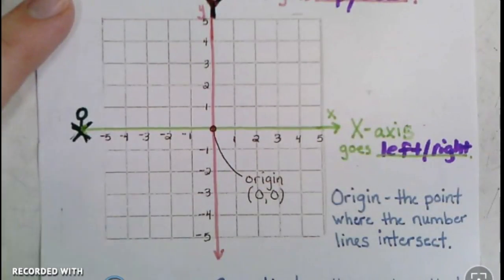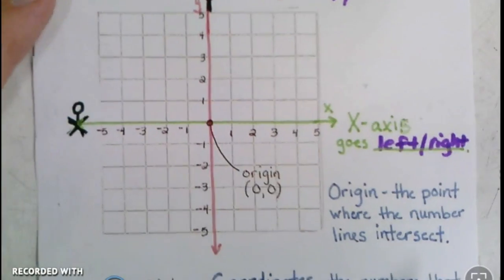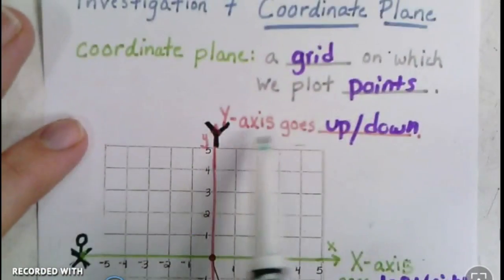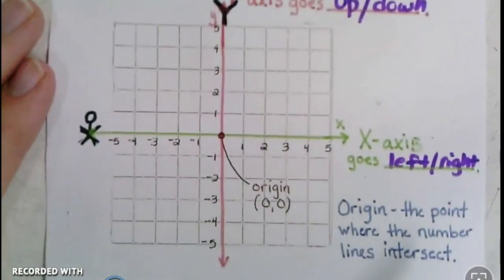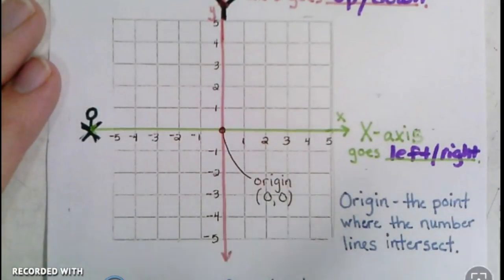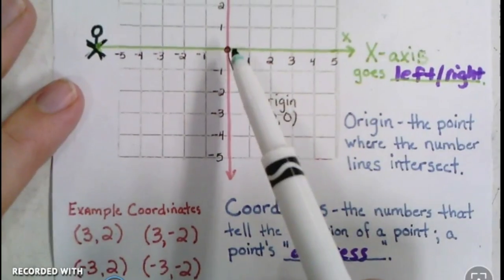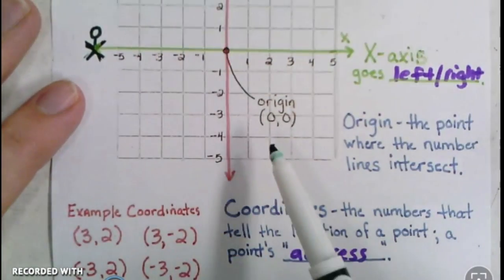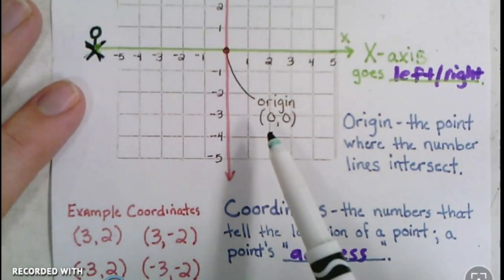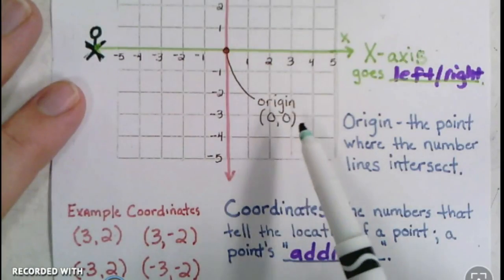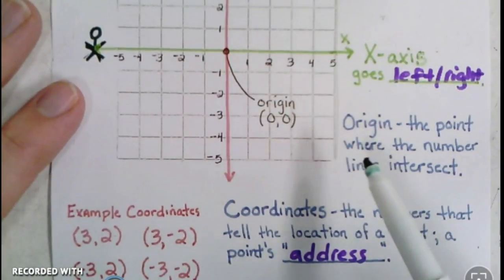That will make more sense to you in just a minute. Let's make sure that we've covered all of our vocab words. We already talked about how the y-axis goes up and down and how the x-axis goes left and right. Our origin is the center where the 2 number lines come together, and it's the ordered pair 0, 0.